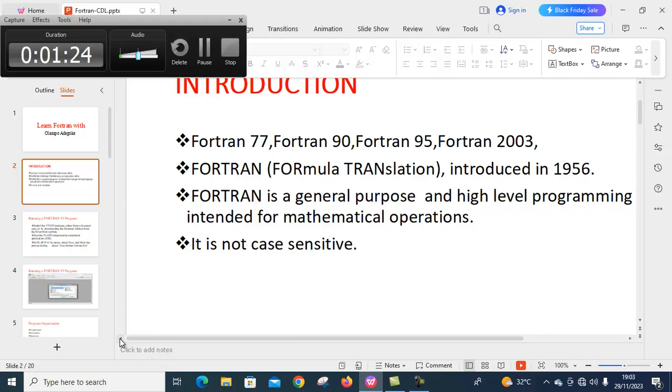It's also a general purpose programming language used in scientific applications, and it's also important for engineering students when they are involved in scientific competitions.